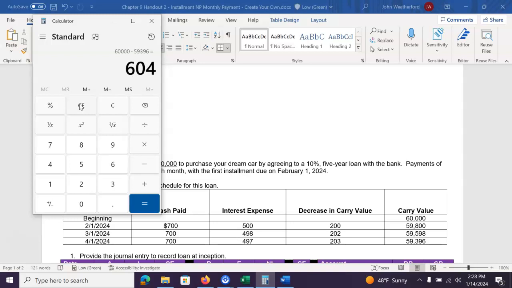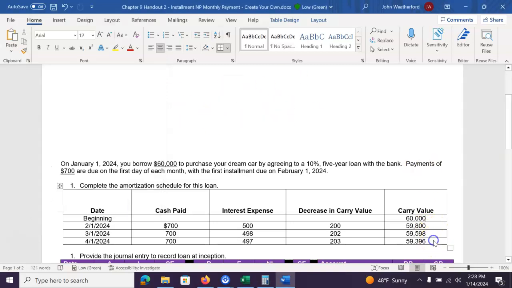You've paid $2,100 in payments, and your loan balance has only gone down by 604, 605, maybe due to rounding, or maybe due to a mistake by me. Yeah, that one should be $395.